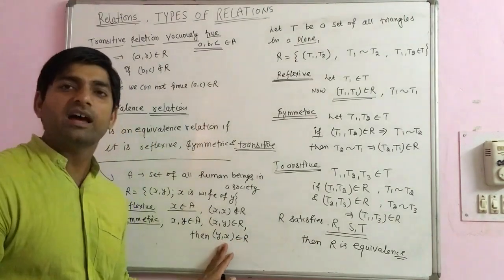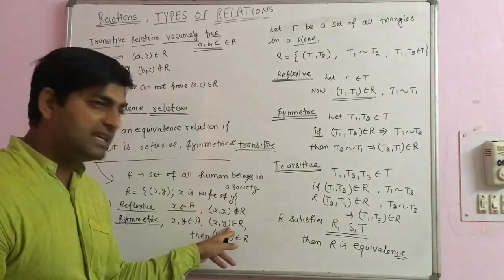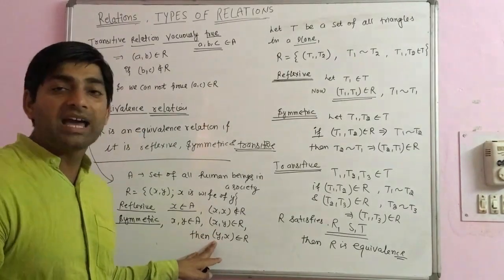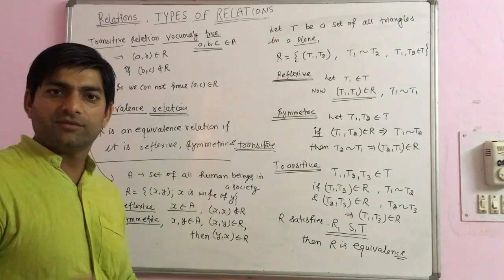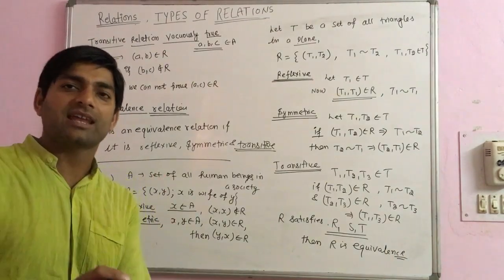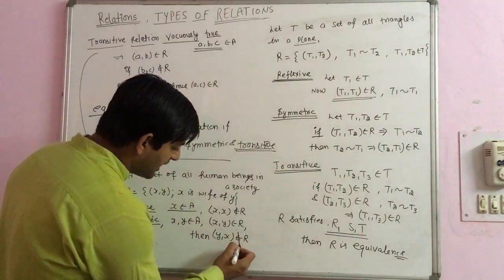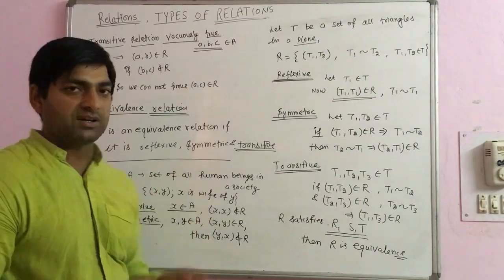What does it mean? x is wife of y, it means y is husband, x is wife. Then how can y be wife and x husband? If x is wife of y, then y cannot be wife of x. So it is not in R. So it is not a symmetric relation.